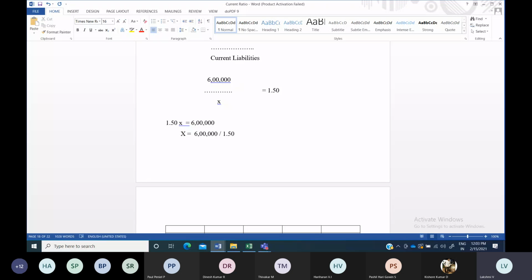If plus goes to this side it becomes minus, and if minus goes to this side it becomes plus. You will know all this automatically. So 1.50 X is equal to 6 lakh, so X is equal to 6 lakh divided by 1.50. Just find out how much you are getting. That will be our current liabilities amount.